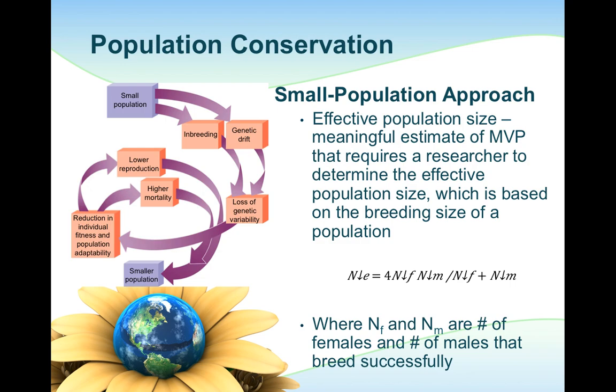But the idea really is that we need to ensure that you've got the right number of males and females to breed successfully, to keep the genetic diversity alive, to keep the population at a size that's sustainable, to keep it from ending up in this extinction vortex. So that's really the take-home message for the small population approach.